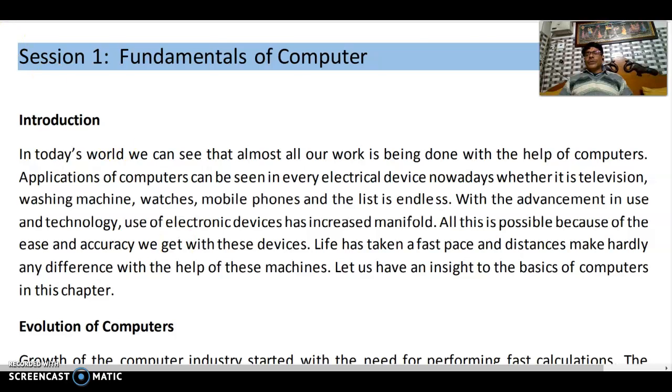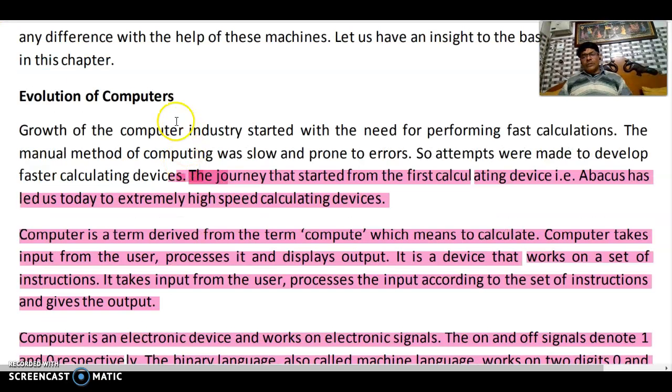If we talk about the evolution of computers, the very first machine was the first calculating device, which is named abacus, where calculation can be done very fast.